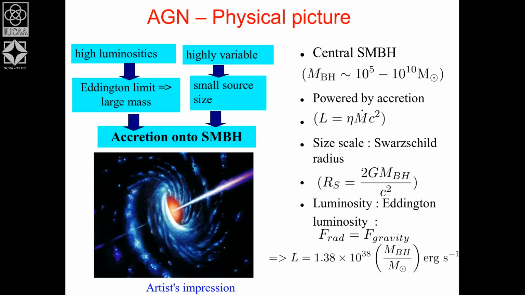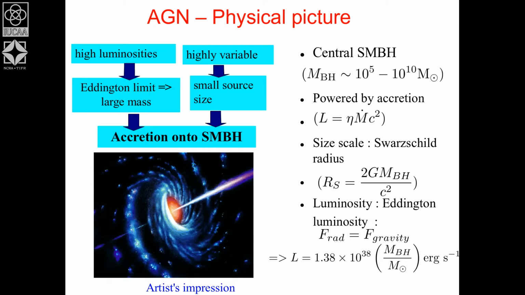And if you have, let's say, 10 to the power 44, then you get a million solar mass. So just with a very simple observation and very simple physics, one can infer that AGNs must be hosting a supermassive black hole with black hole mass from 10 to the power 6 to 10 to the power 10 solar mass or so.